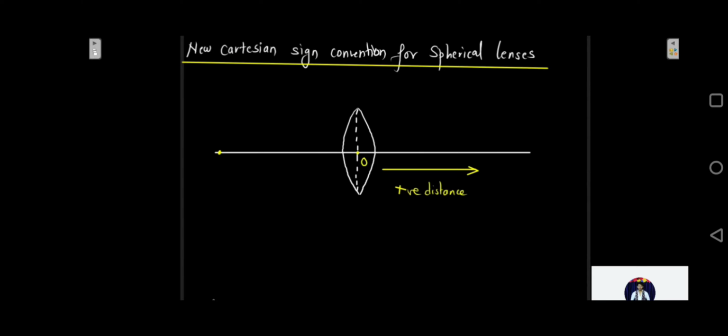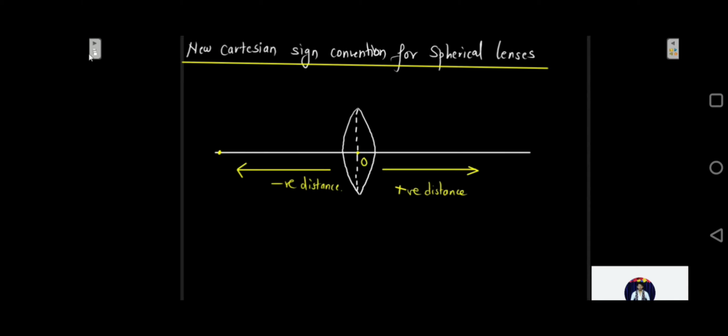The third point is the distance measured in the direction opposite to the direction of incident light. So direction of incident light is from left to right. So if you go opposite to the direction of incident light, that is from right to left, all the distances will be taken as negative. This is going to be a negative distance.